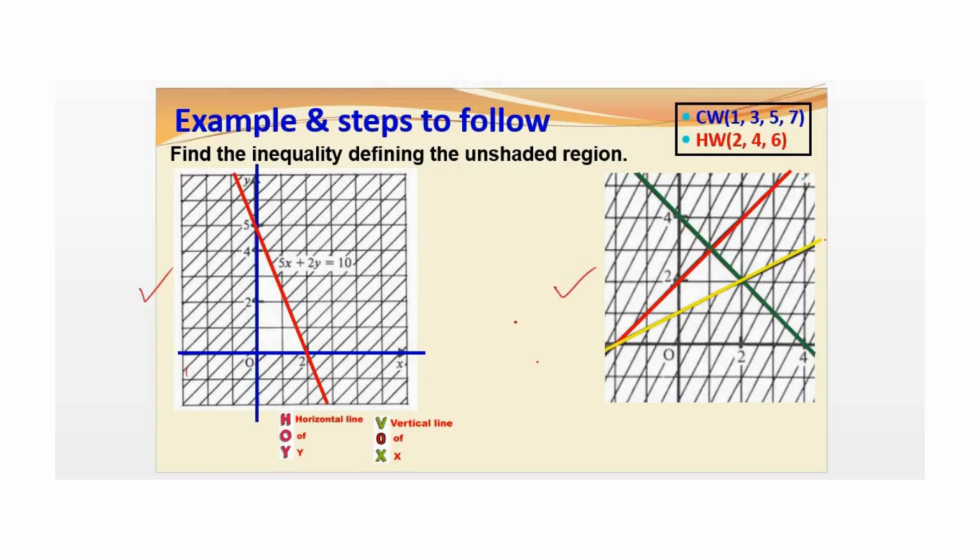The same method we are going to follow. First we will find the value of c, the y-intercept, and then we will find the value of m, the gradient, and then we will substitute these values into the equation y = mx + c to find the equation of the line, and then we will change it into an inequality, right?